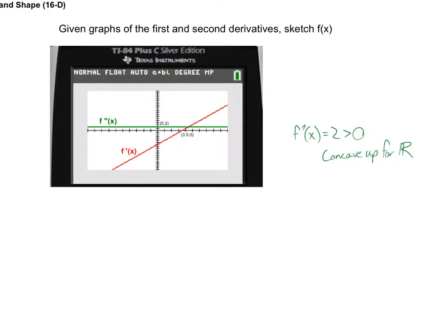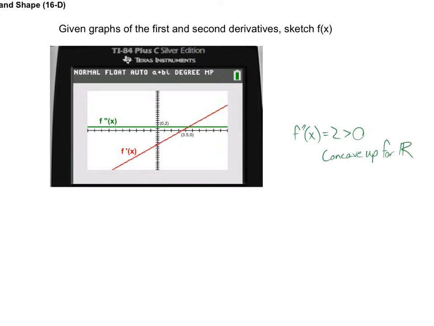Now let's look at our first derivative. You can see the first derivative is also linear. By the way, notice the first derivative has a positive slope, which makes sense because our acceleration is positive all the time, so it makes sense that our derivative would constantly be increasing.